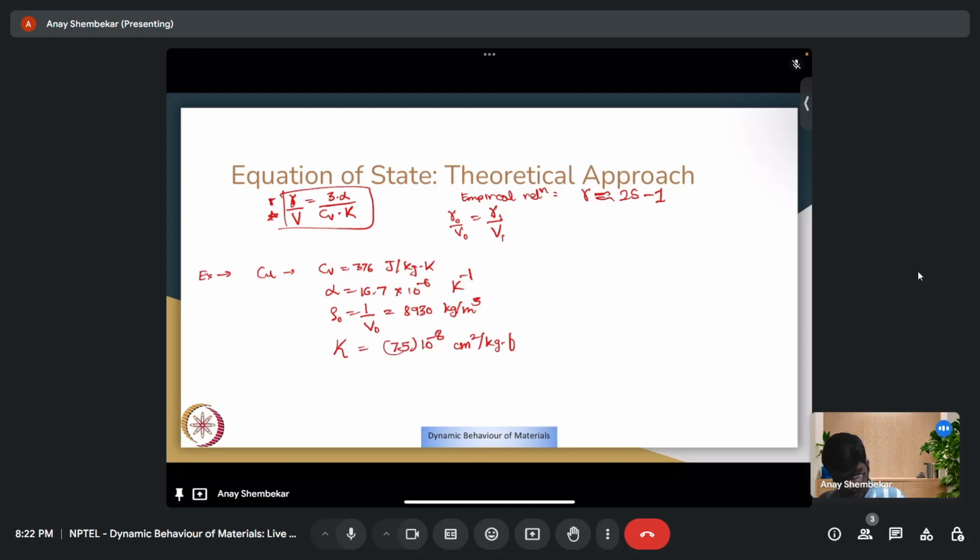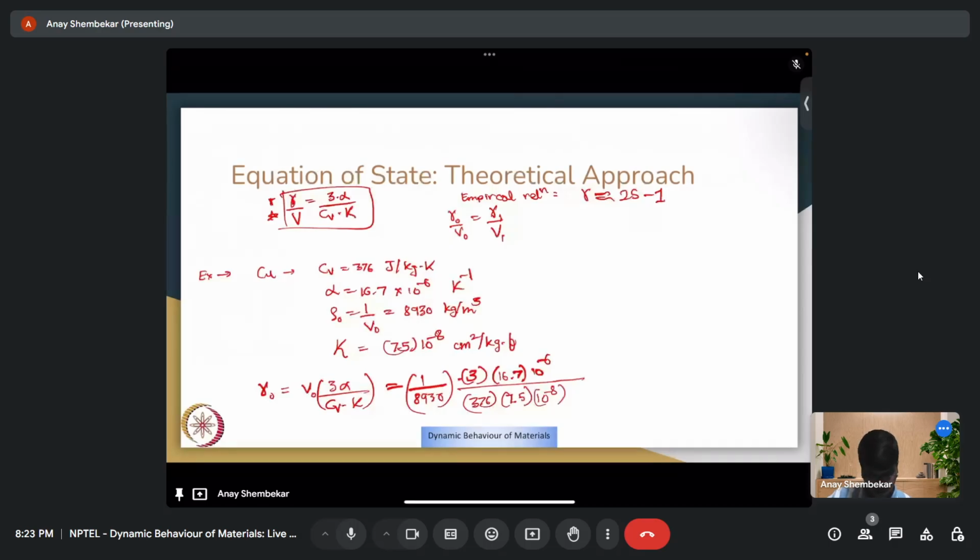So from this you can determine gamma naught is equal to V naught times 3 alpha upon CV kappa: 1 by 8930, times 3 times 16.7 times 10 raised to minus 6, upon 376 times 7.5 times 10 raised to minus 8. Take this as 0.376 joule per gram.